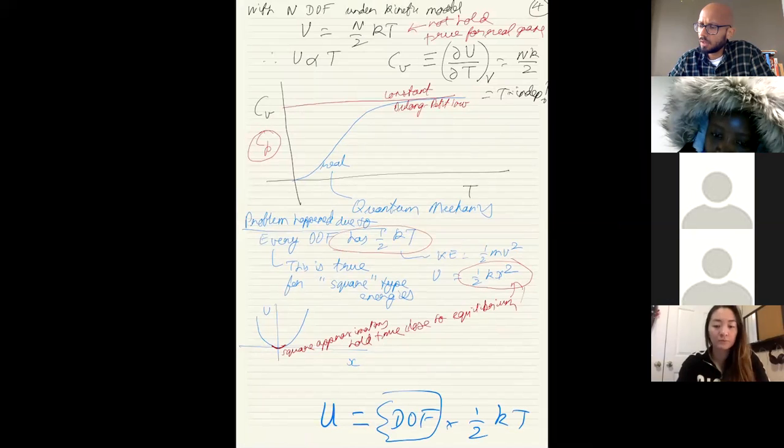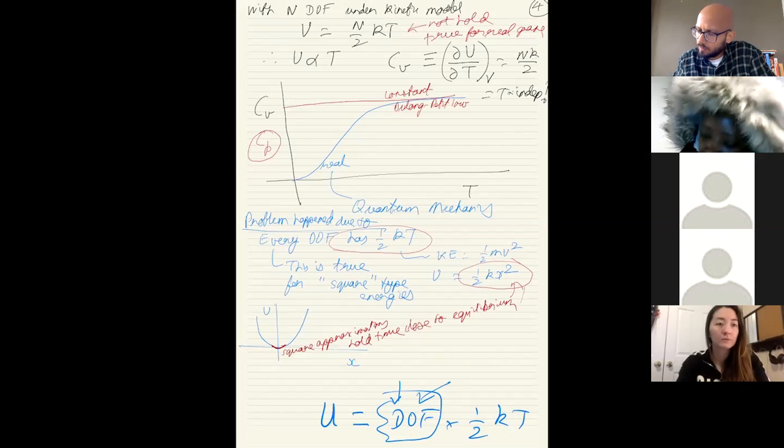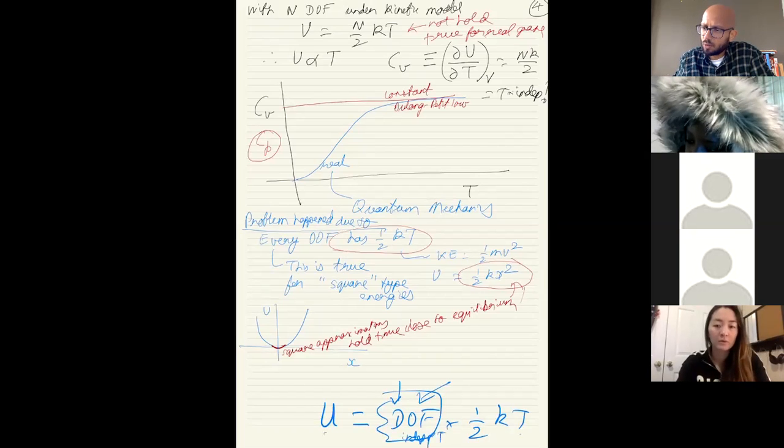For now, the important point here is that this number of degrees of freedom does not depend on temperature. It is independent of temperature. It is something that is defined by the molecule or the system itself. If this is independent of temperature, then when you differentiate U with respect to temperature, you get a constant, and that is our heat capacity.